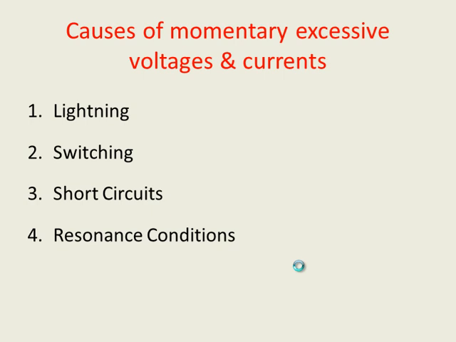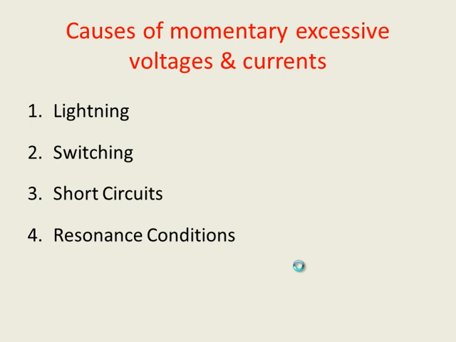However, transients caused by short circuits or resonance conditions usually arise as secondary effects, but may well lead to plant breakdown only in case of extra high voltage lines. Extra high voltage lines are 400 kV, 765 kV and above. But the most important are lightning and switching.